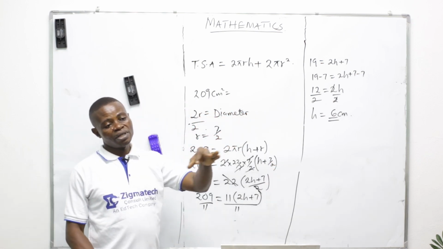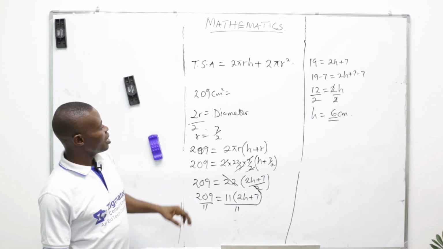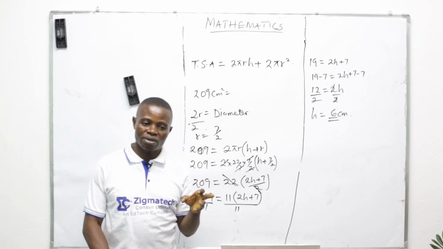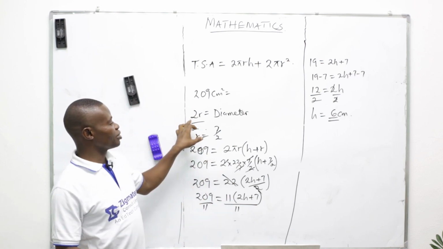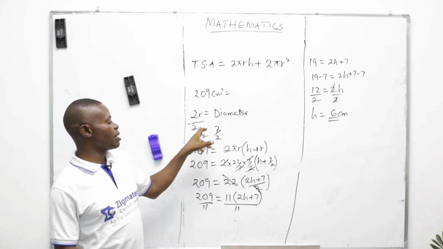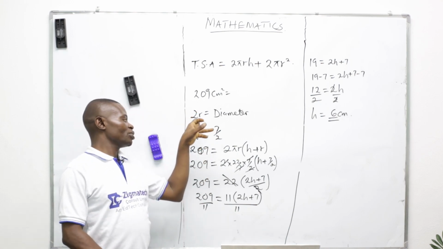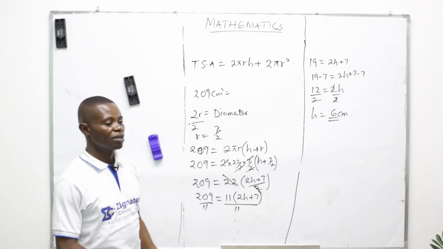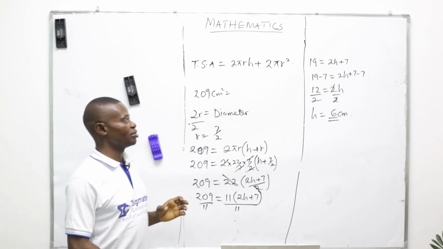But there is something you should always remember. Diameter was given to us in this question. And we're able to recall that diameter equals what? 2 radius. Now we have to generate the radius by dividing through by what? 2. That's how we came about radius becoming 7 all over 2. Please always pay attention.